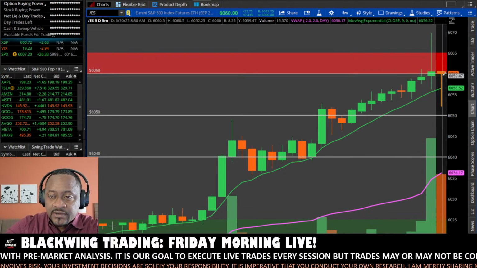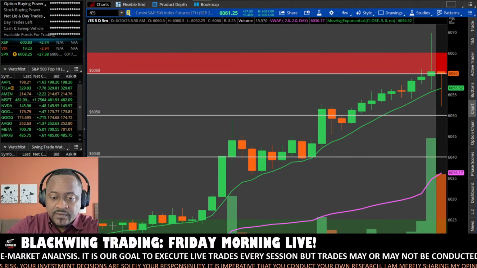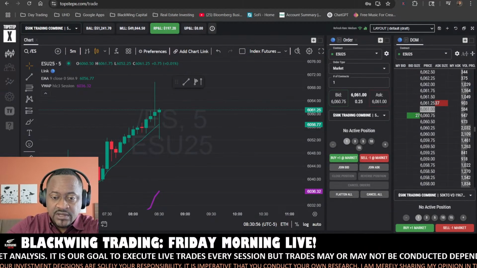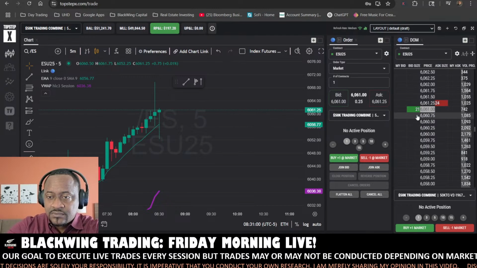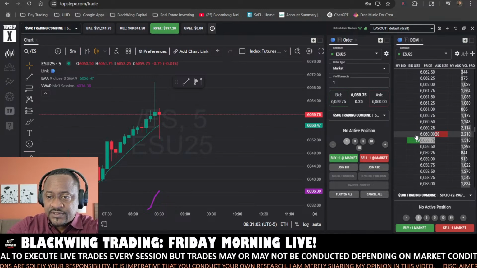Overall, though, it looks like it wants to push up. The market wants to run. They were just taking some profits, but it looked like it wants to really run. So 60.60 is a good entry.